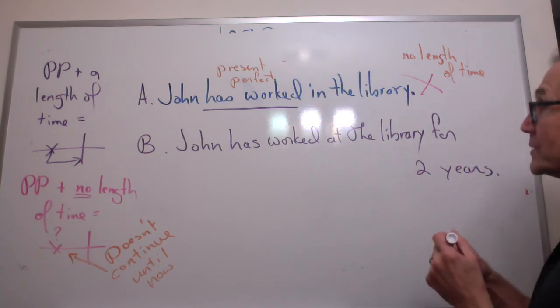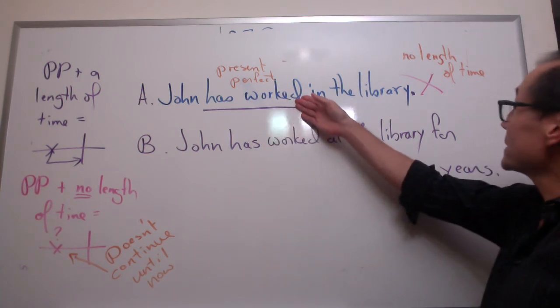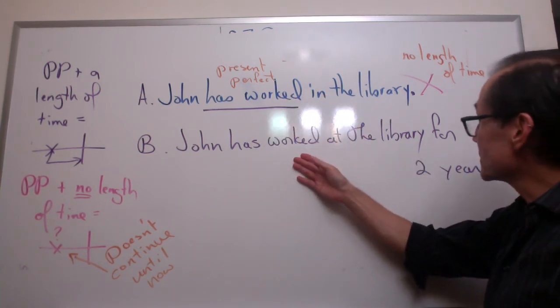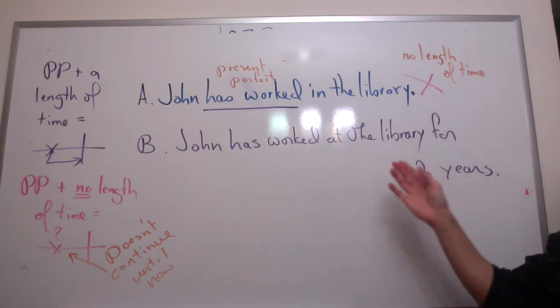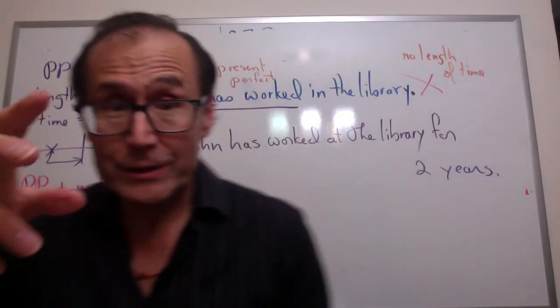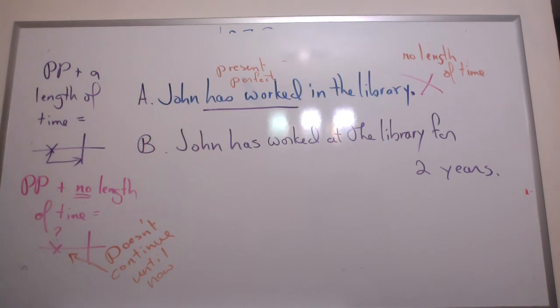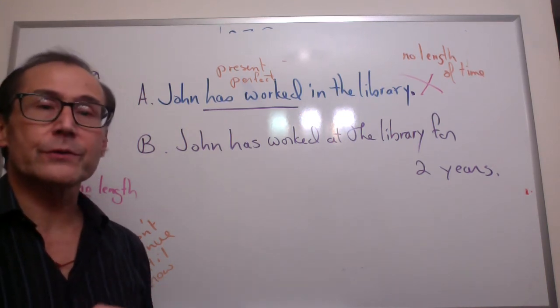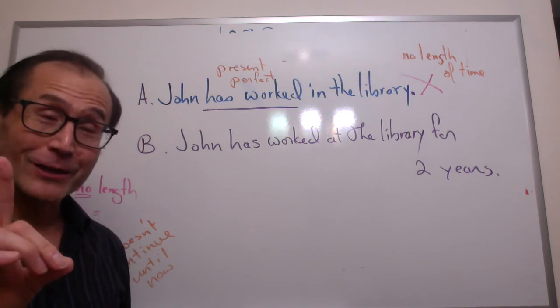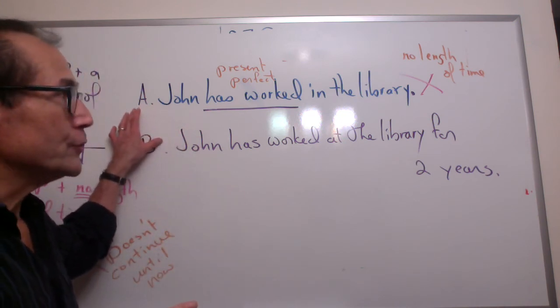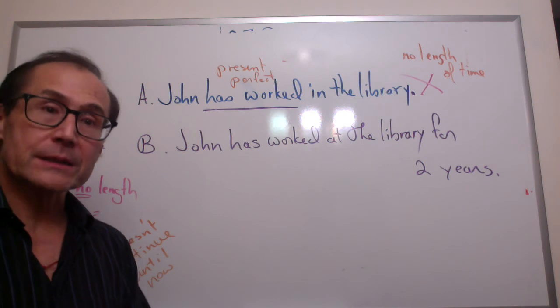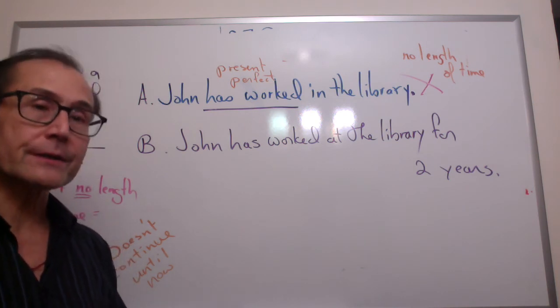Okay? So 2 sentences. John has worked at the library. John has worked at the library for 2 years. So I have a couple questions to ask you about these sentences. First question. Pause the video if you want time to think. First question. Do these 2 sentences mean the same thing or different things?